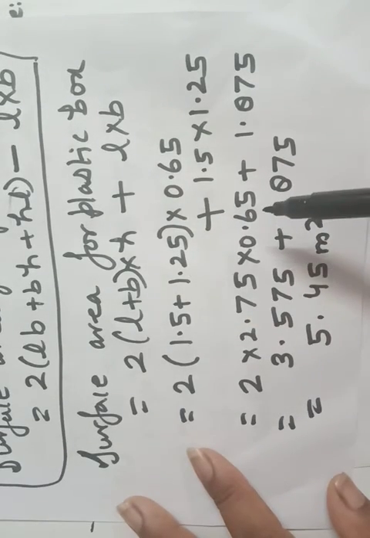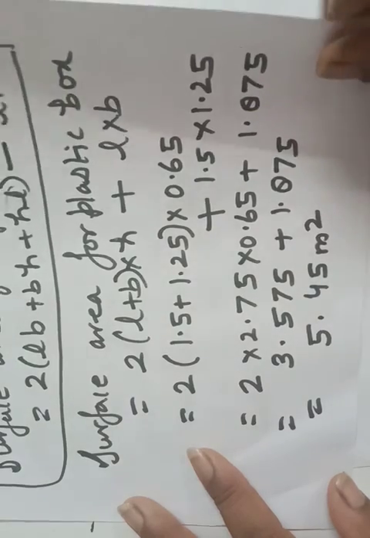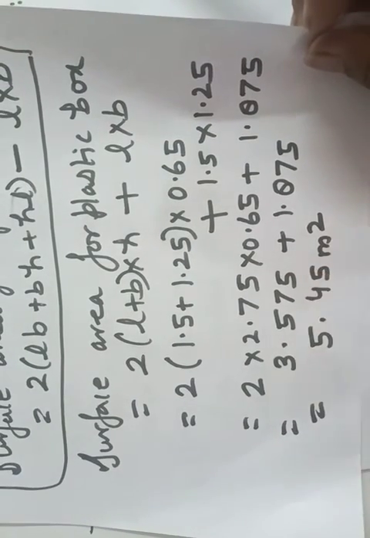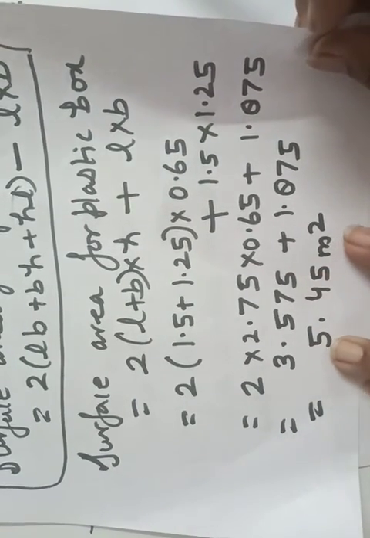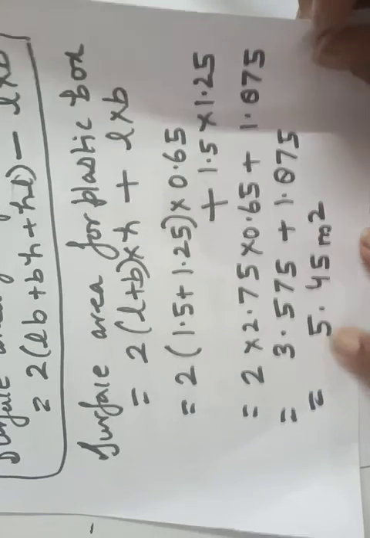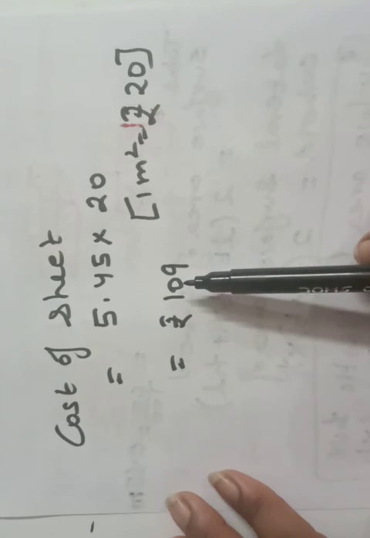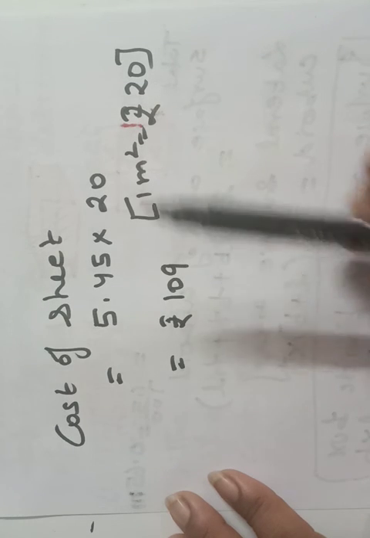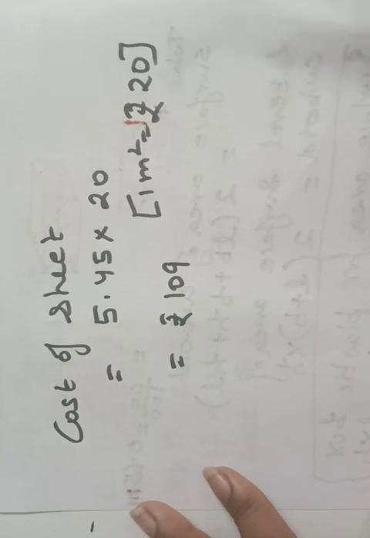We put in the values and found the surface area, 5.45 meter square. Since 1 meter square costs rupees 20, multiplying gives the cost of the sheet as rupees 109. So this is the first question completed.